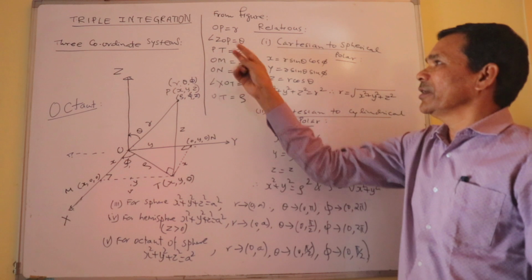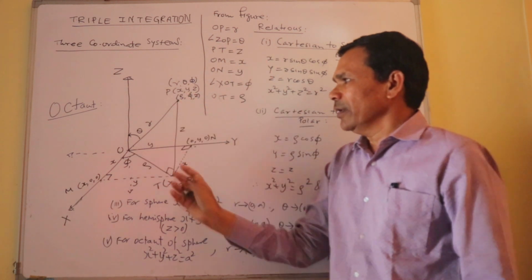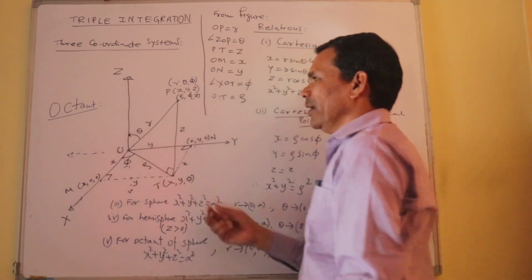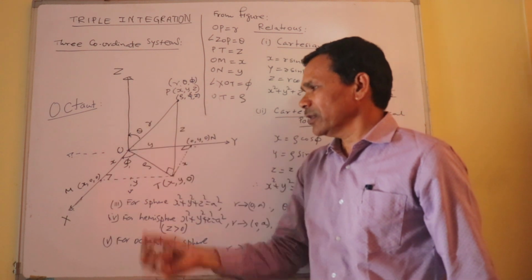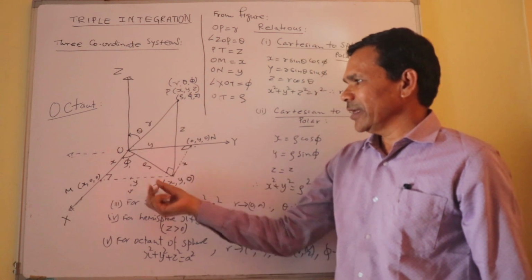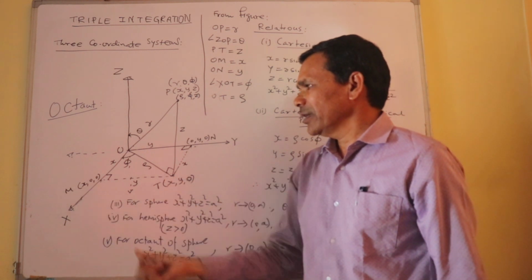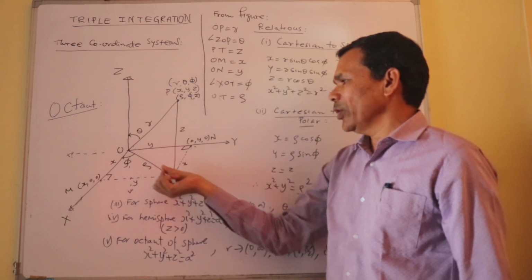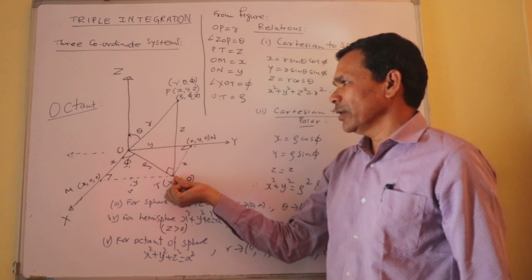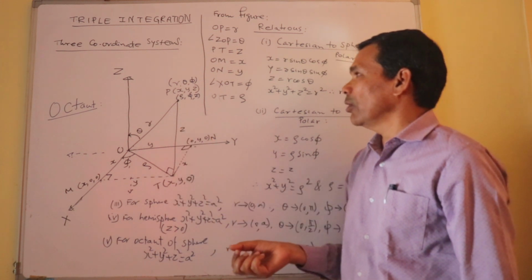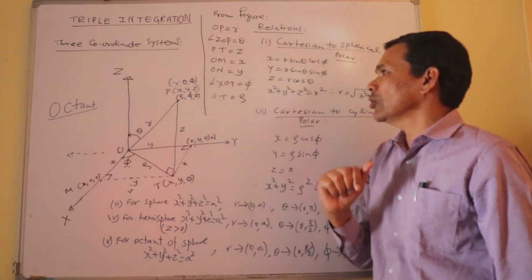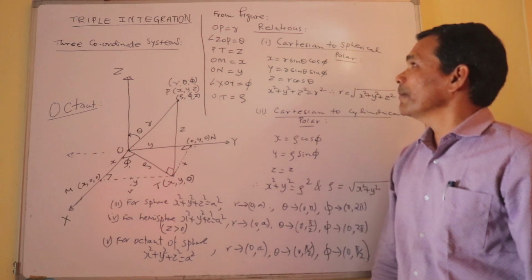That's what I have written here. OP is equal to r. Theta is the angle made by this OP with the z axis. Then phi is the angle made by OT with the x axis. OT is equal to rho. Then PT is equal to z, and so on. So this I have described here.